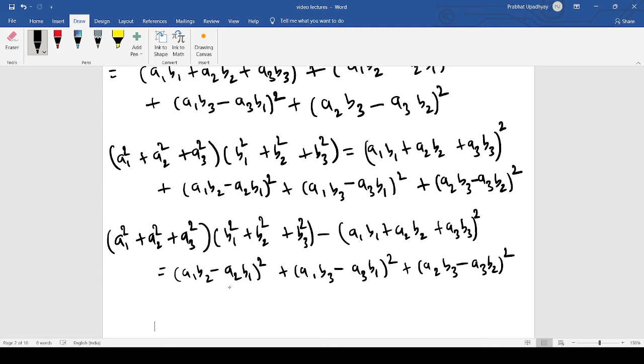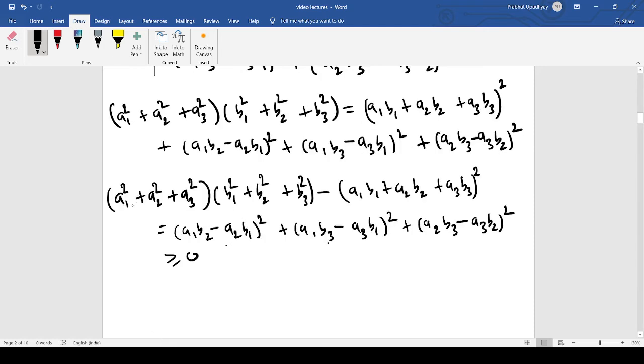Since right hand side is addition of three complete square terms, it is always greater equal 0. And that will imply a1 square plus a2 square plus a3 square into b1 square plus b2 square plus b3 square is greater equal square of a1 b1 plus a2 b2 plus a3 b3.